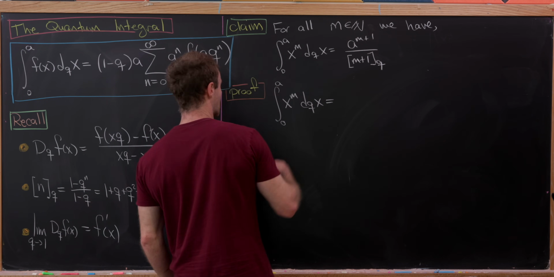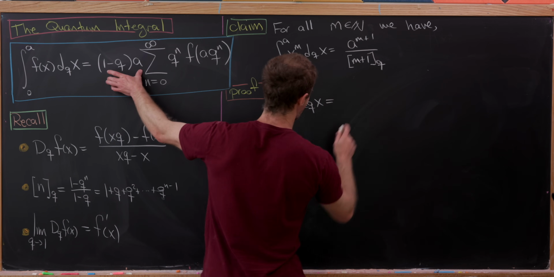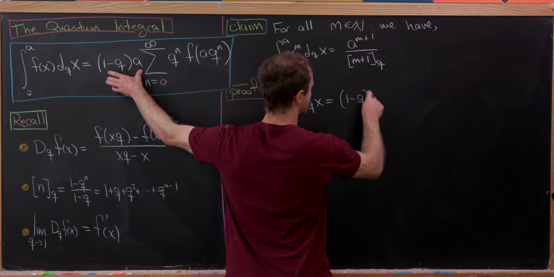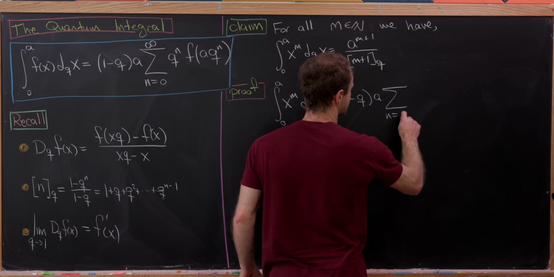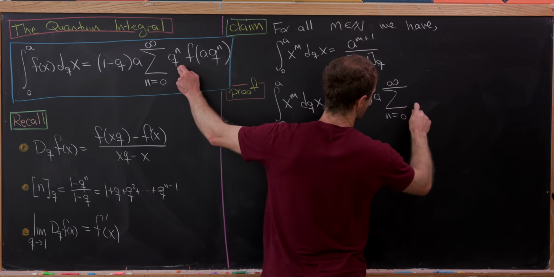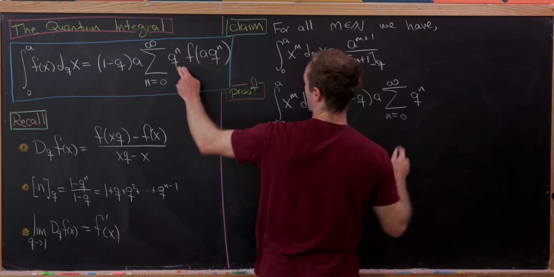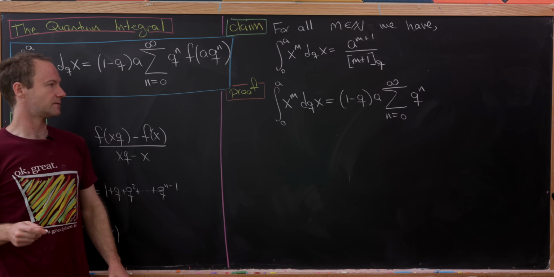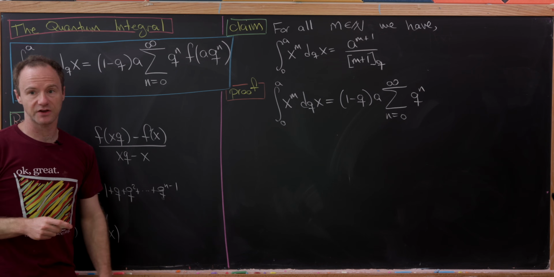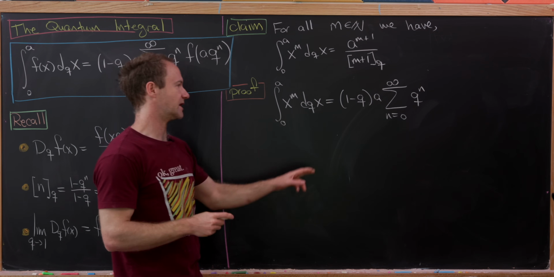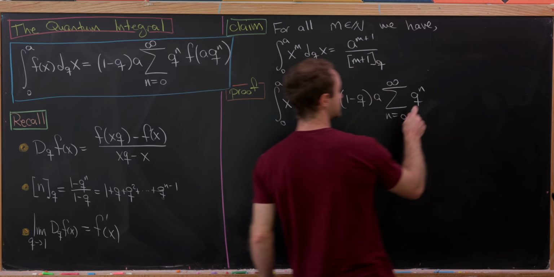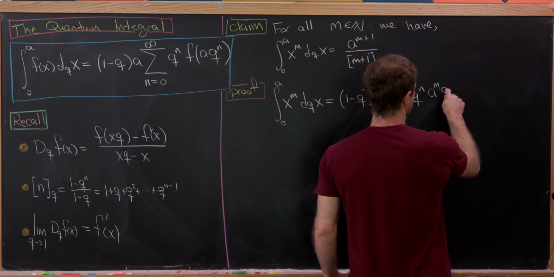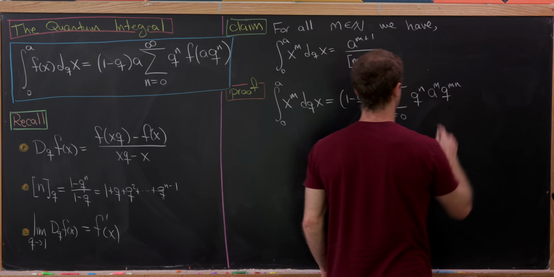Okay, so this quantum integral always has this 1 minus q times a part, and then we'll have the sum as n goes from 0 to infinity of this q to the n. That's always part of the quantum integral. And now we've got f evaluated at a times q to the n. But f in this case is just the mth power function, so that'll give us a to the m, q to the mn.